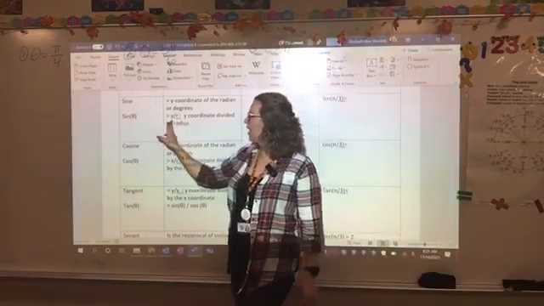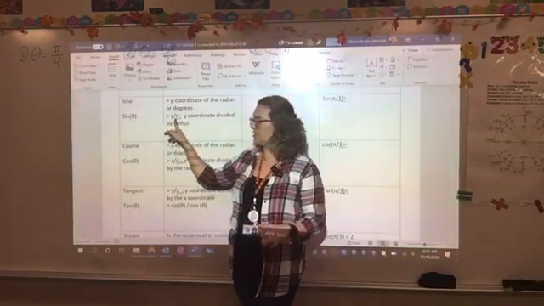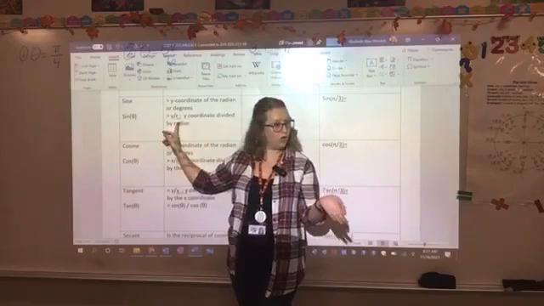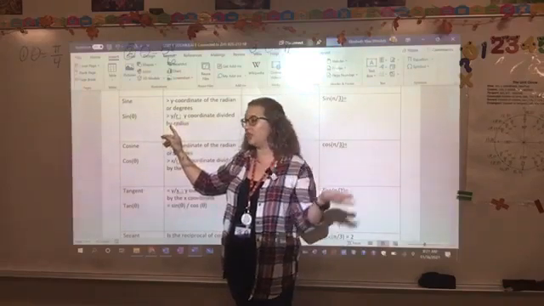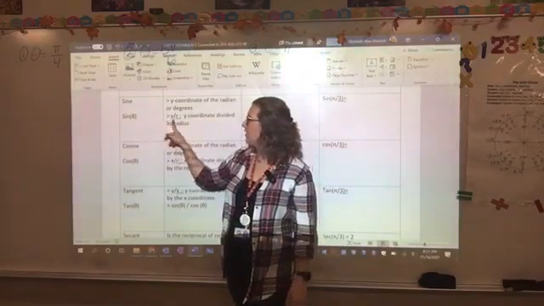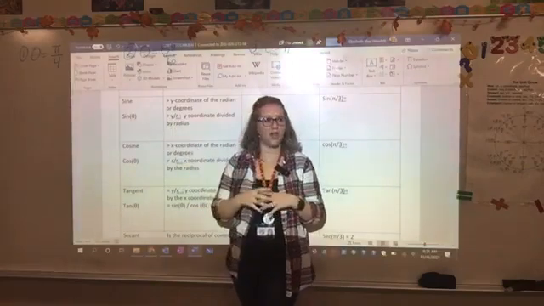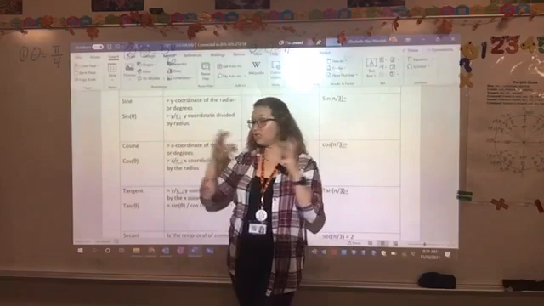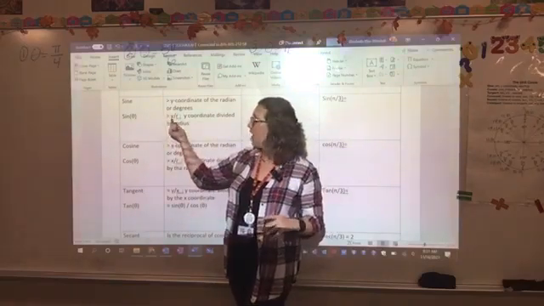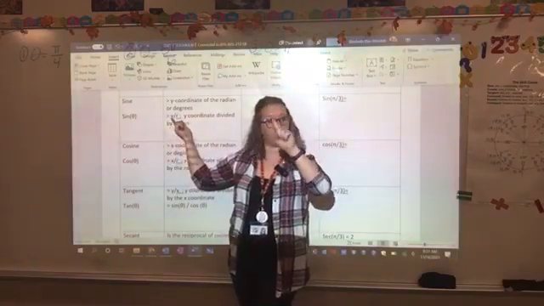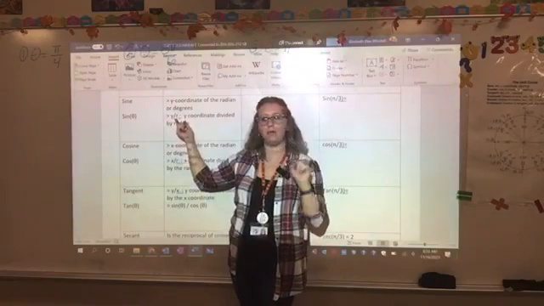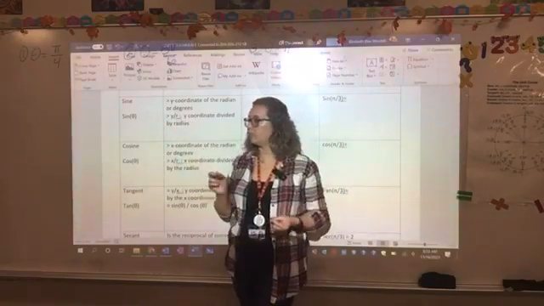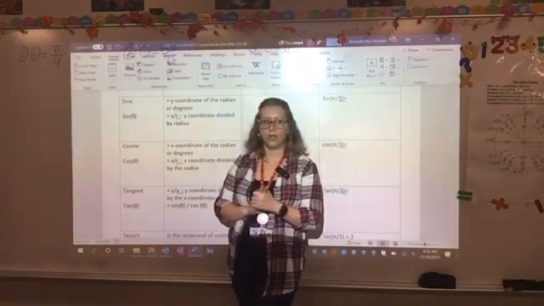In terms of any general circle, sine is y divided by r. So if you have a circle that is not the unit circle and it's bigger or smaller, you would take the y coordinate of the point you're looking at and divide it by r.